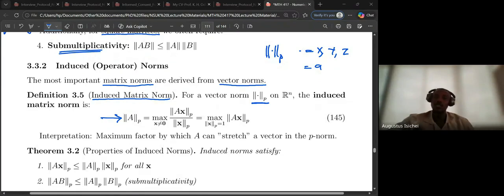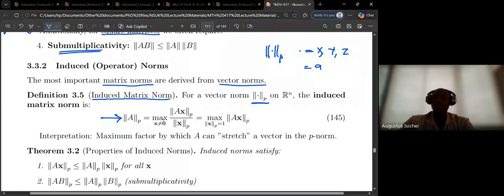So this induced matrix norm is expressed as the norm of A subscript P, which is equal to the maximum of the norm of AX subscript P over the norm of X subscript P. And this is equal to the maximum where the norm of X subscript P equals 1 of the norm of AX subscript P.